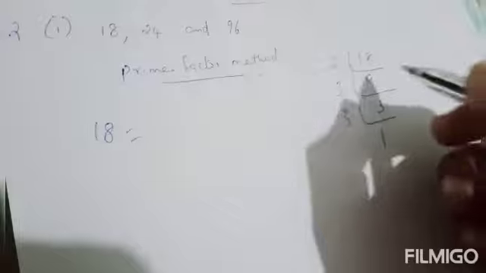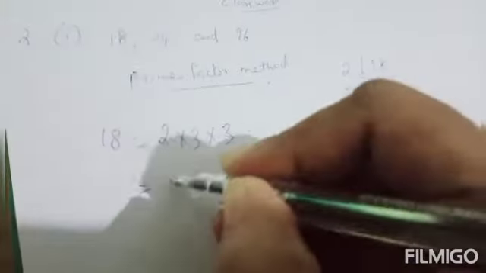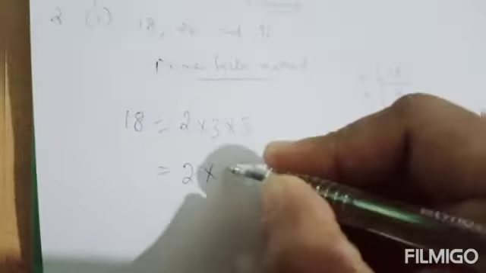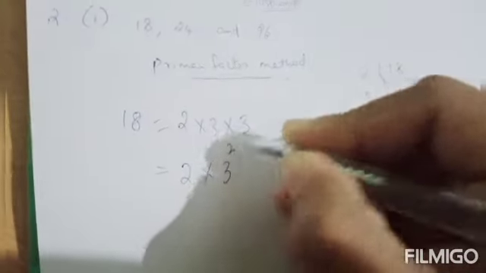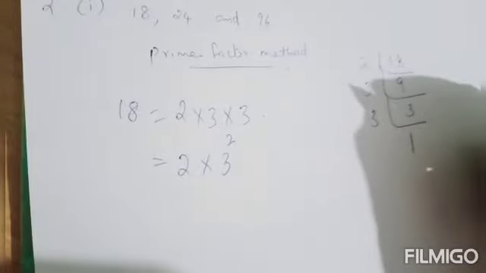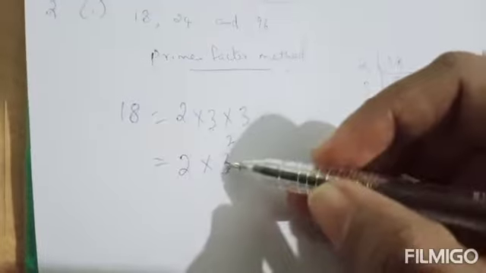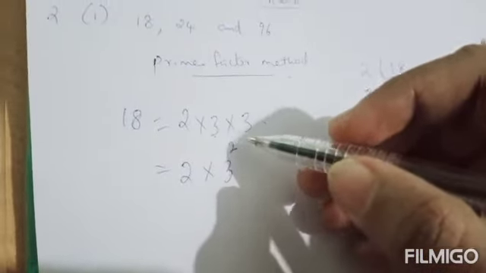So 18 equals 2 into 3 into 3. How can you write this? 3 into 3 in index form is 3 raised to 2, that is 3 square.